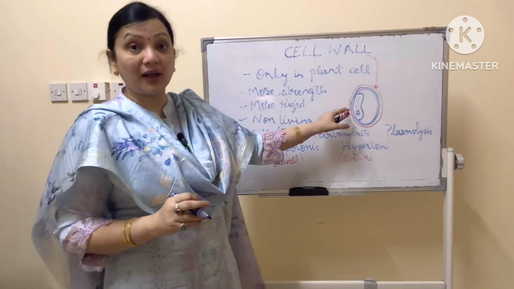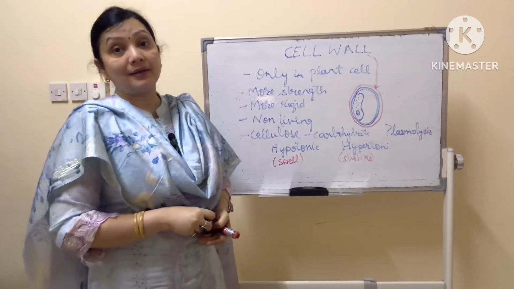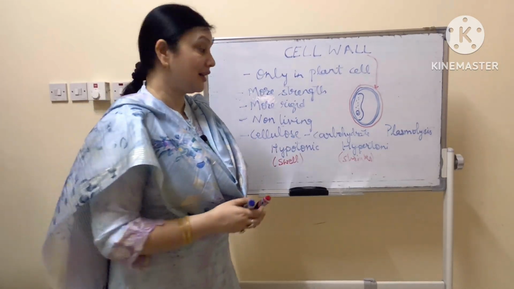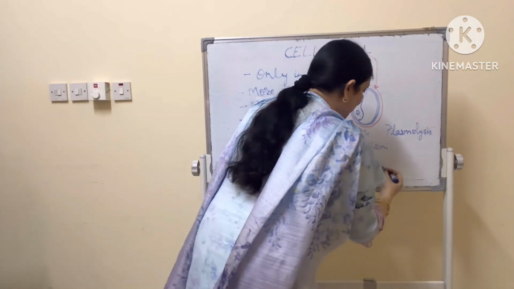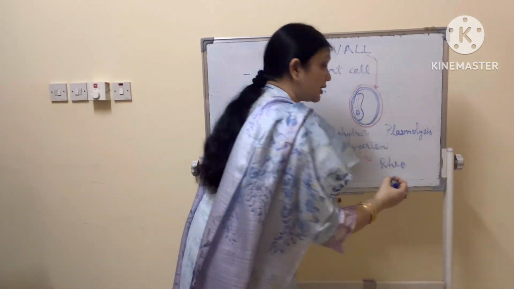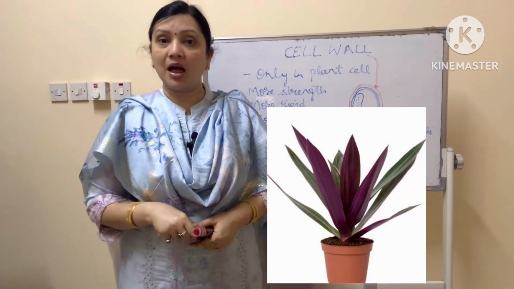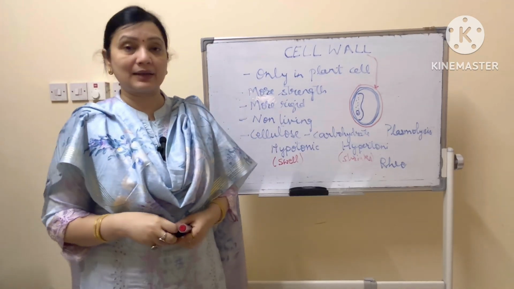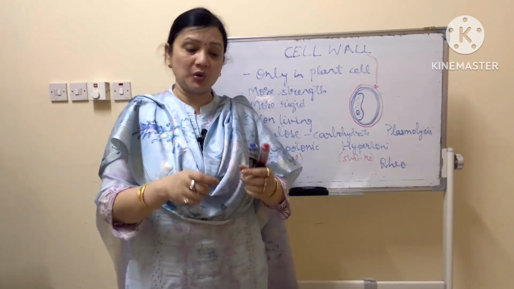So this is a very important cell phenomenon, plasmolysis, and it is very nicely seen in a leaf of a plant called rohio. It's an ornamental plant. People use it to decorate their houses. There this is seen very nicely. You can even see it if you get a rohio leaf.